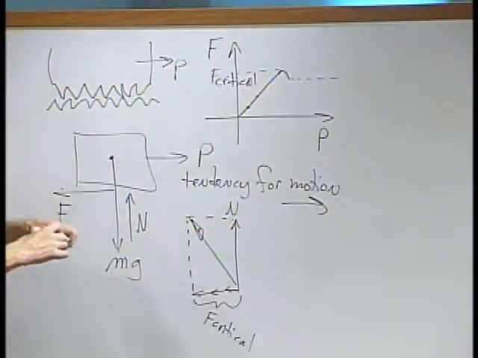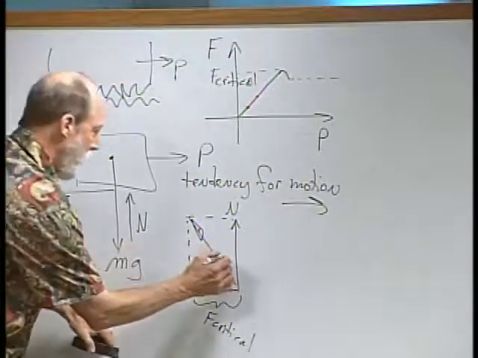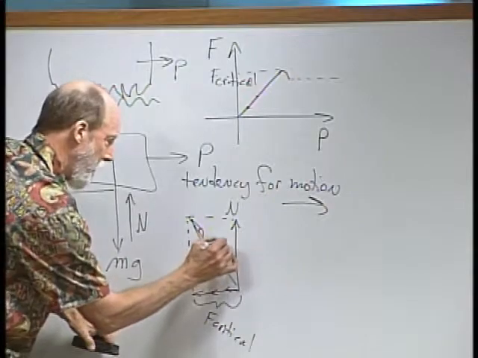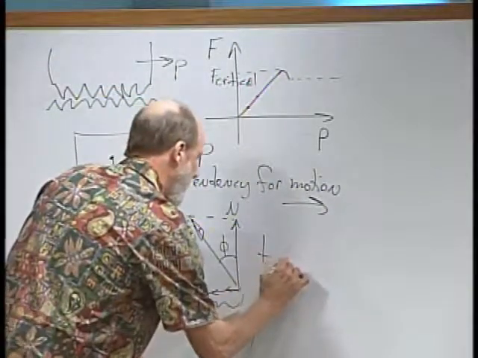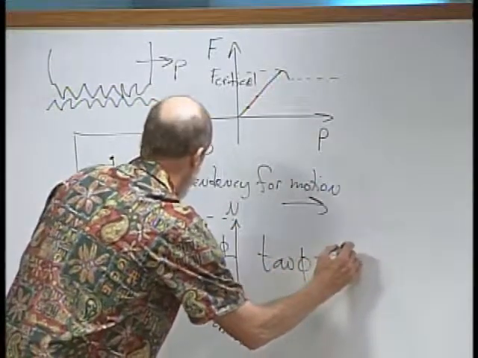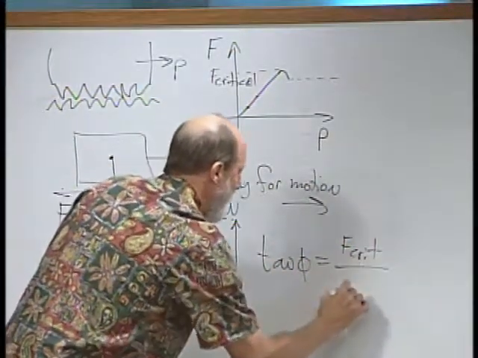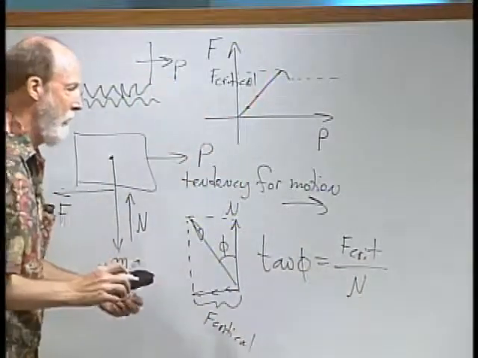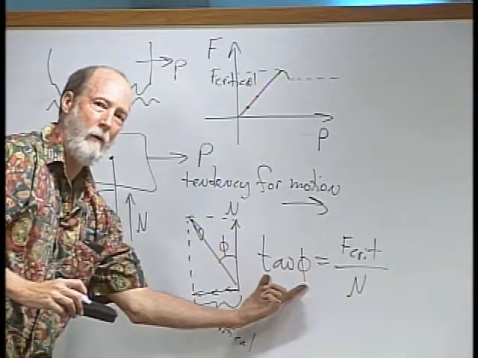So what's this coefficient of friction we call mu? It is related to this breakaway angle right here. The tangent of this angle, which is this critical force divided by that normal force, is what we call mu.